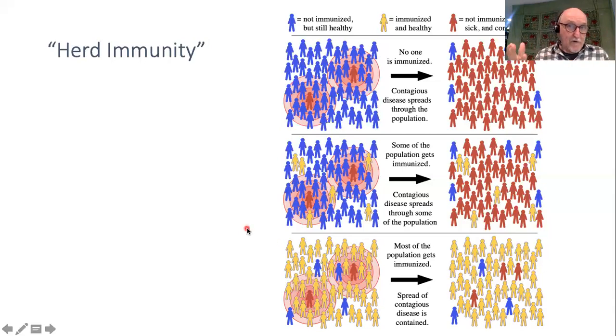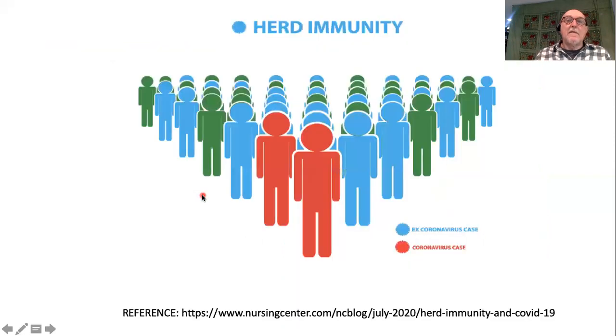immunity. But unfortunately, this has been latched onto as this dream idea that what we can do is we can allow the disease to spread through our population.